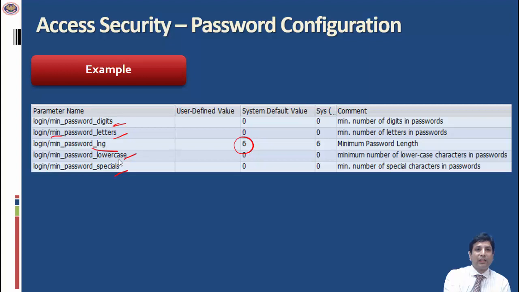These are configurations which are set up one time during the implementation of the ERP, and once these configurations are in place, the users will be forced to follow this policy. Again, as auditors, we need to make sure that this is complying with the company policy on passwords.